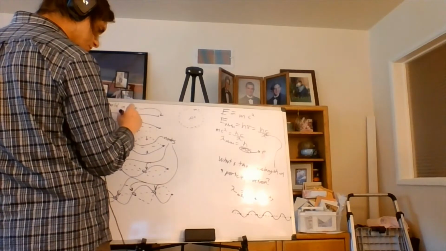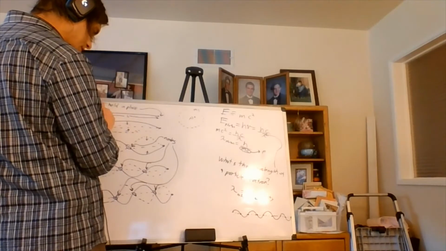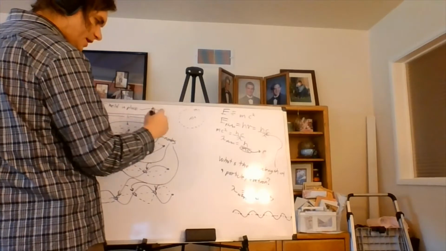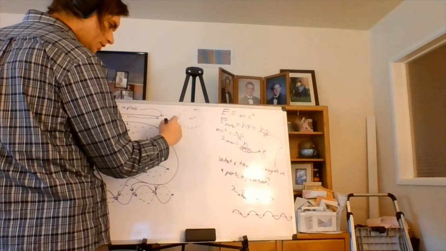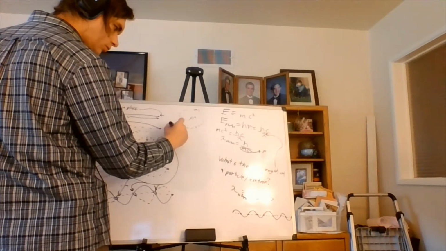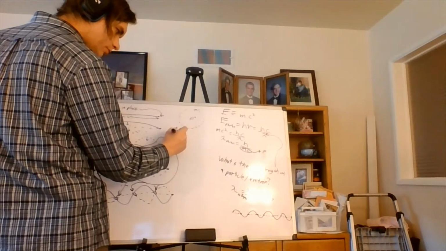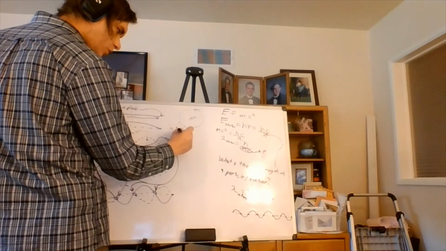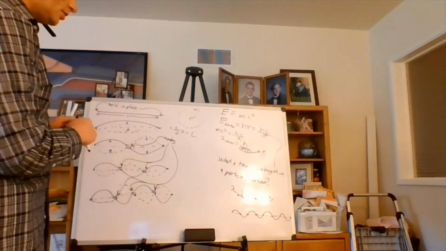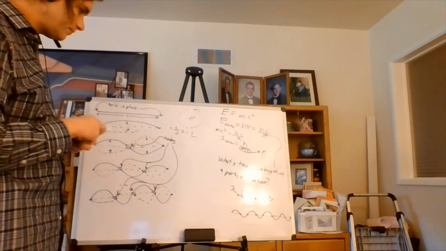So we've got this situation where there is a length that has bounds on it, and the wave is only stable as long as some whole number multiple, that's n for number, of 1/2 of the wavelength fits within the distance that's set out for it.